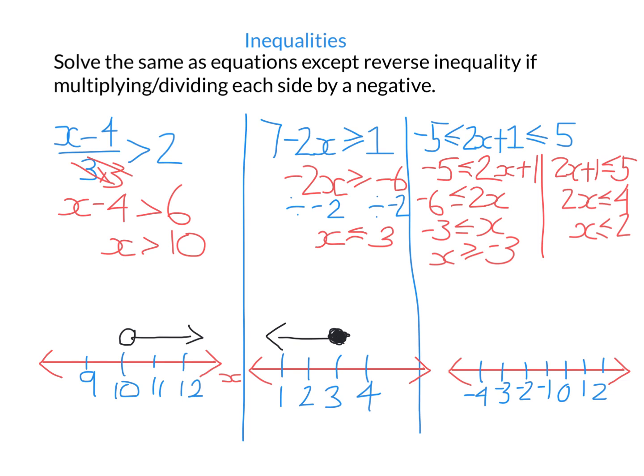So I'm going to draw shaded circles at negative 3 and 2. So all I want is any number between them. So I just draw a line like this. Now this line, of course, doesn't have an arrow because it doesn't go forever. I don't want numbers over here as part of my set of solutions. I don't want numbers over here. So we're actually done.